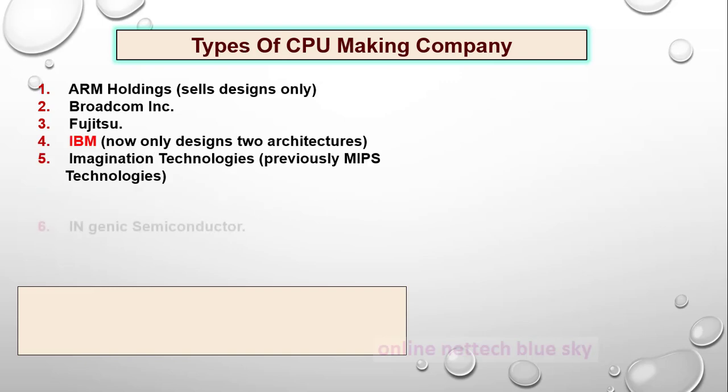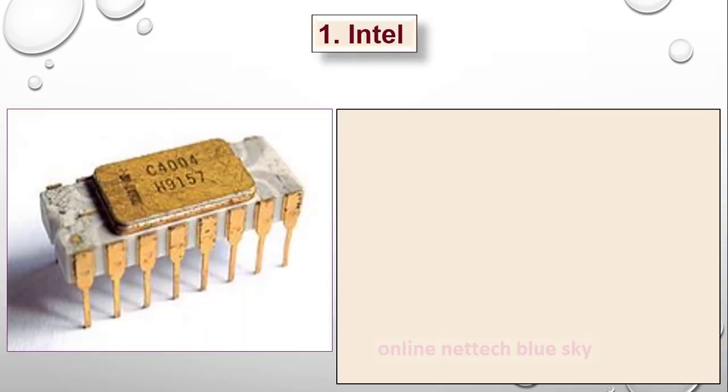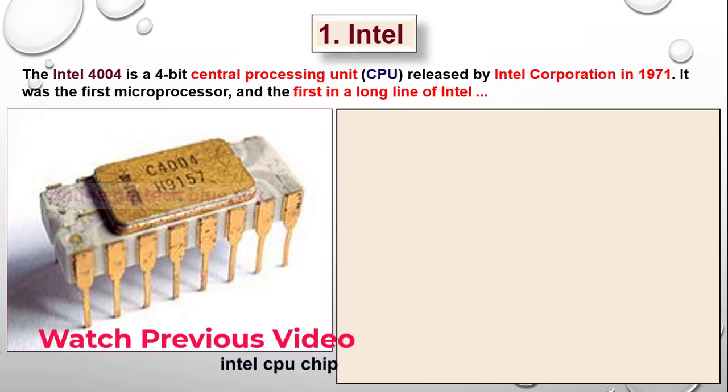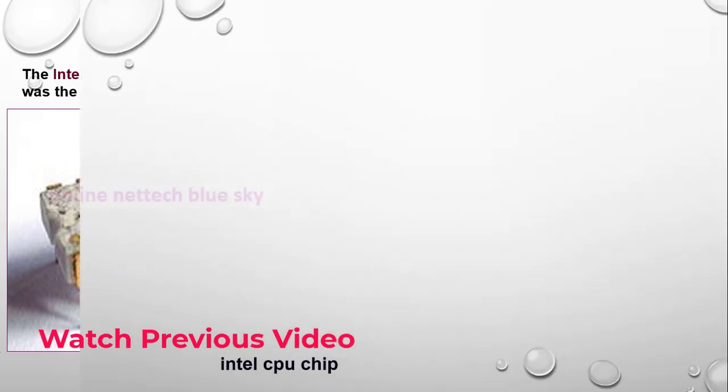The first chip created, the central processing unit CPU chip 4004, was created by Intel Corporation. You can see here. So watch the previous video, it is very important for you. Let's start and understand how to control CPU work.